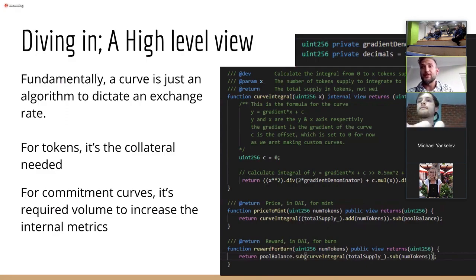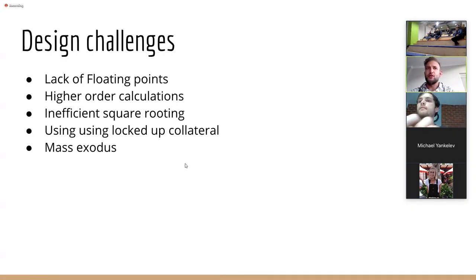If you're using ETH, it's a little different, but not significantly different. So we've encountered several problems in trying to implement a dynamic price point on ERC. A lack of floating points makes it very difficult to do things like working back from the curve. So say you wanted to work out how many tokens you could get for a specific amount of DAI, rather than the other way around.